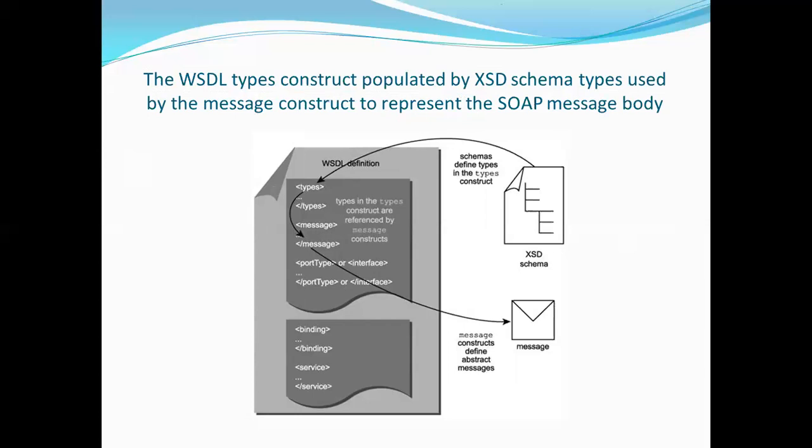The XML schema definition is a part of the WSDL document, and the messages generated with the help of WSDL also get input from the XML schema definition document. WSDL and XML schema definition both provide input to the SOAP protocol.